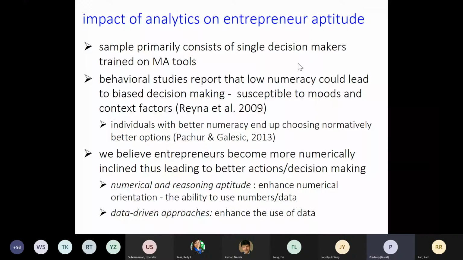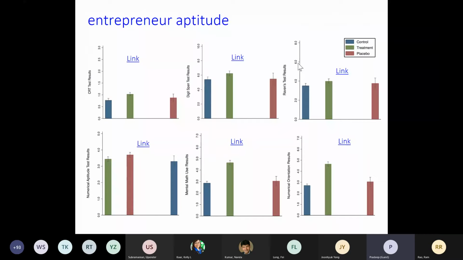So we're going to look at two broad categories of these. One is just the numerical and reasoning aptitude of these entrepreneurs, and the other is the use of data-driven approaches. Okay. So here is a little bit about different dimensions of entrepreneur aptitude. And I apologize again if you can't see the y-axis on these graphs.